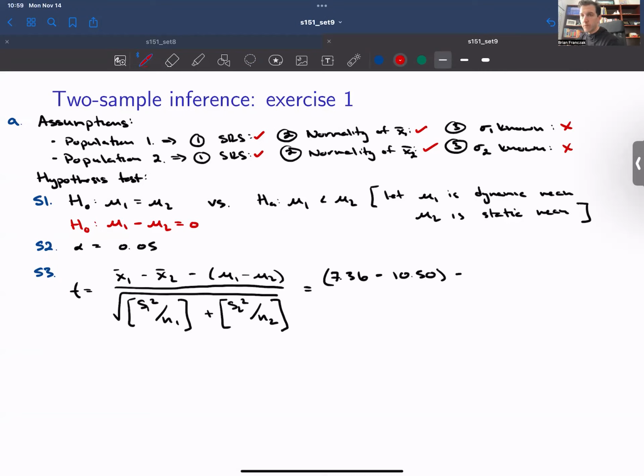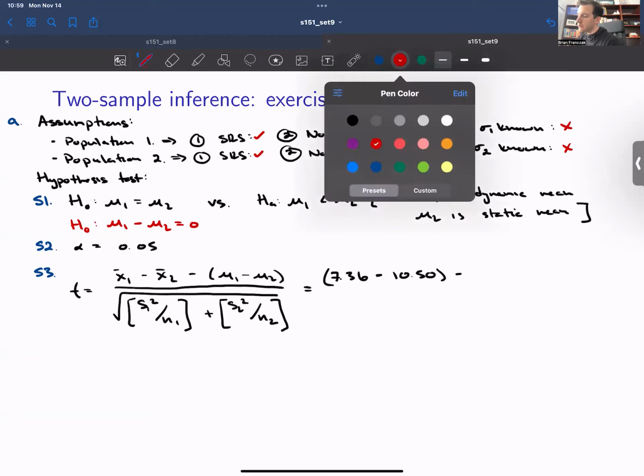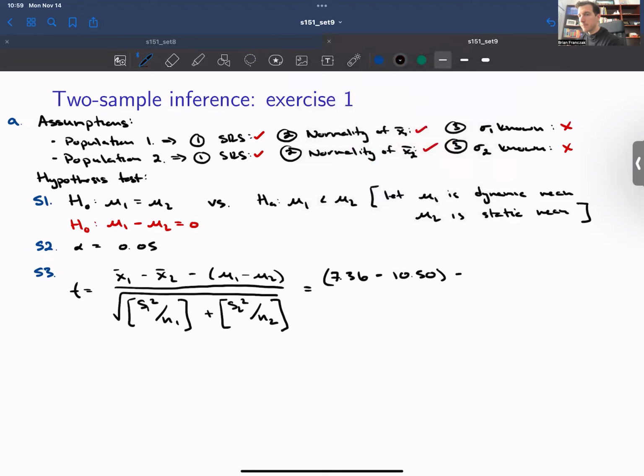Now, this second illustration, the way that it's written in red, is actually an expression that allows us to see that mu1 minus mu2 in the test statistic is just going to be written as 0. Okay, so here we have 0 in place of mu1 minus mu2 because that's what the null hypothesis is telling us the difference is equal to.